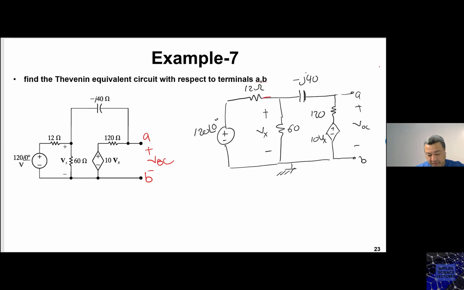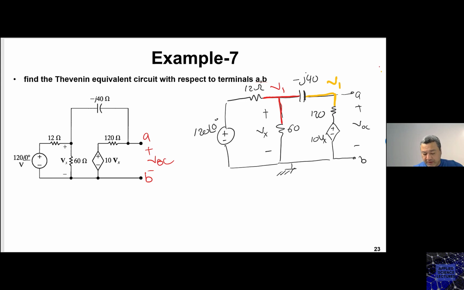So this is gonna refresh your memory. So we have a node here, and I'm calling this one V1. And we have a second node here.